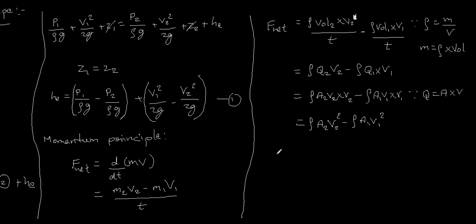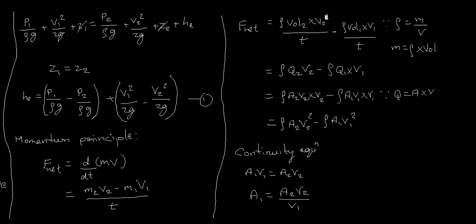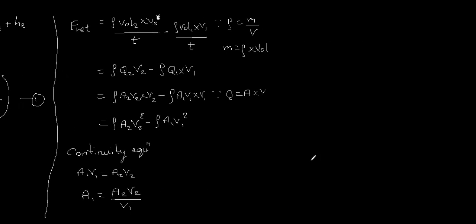Again I want to modify this equation by using the continuity equation. From the continuity equation, a1 v1 is equal to a2 v2, so a1 is equal to a2 v2 by v1. Substitute this into the above equation for the rate of change in momentum, F net.